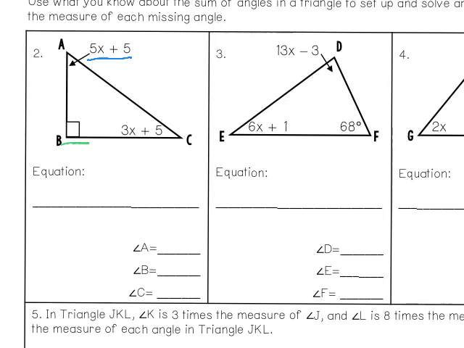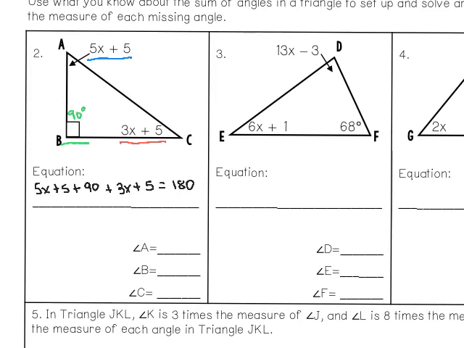That's 90 because it's a right angle. And we know the measure of angle C. So we just add them up, set it equal to 180. The equation is 5x plus 5 plus 90 plus 3x plus 5 equals 180.